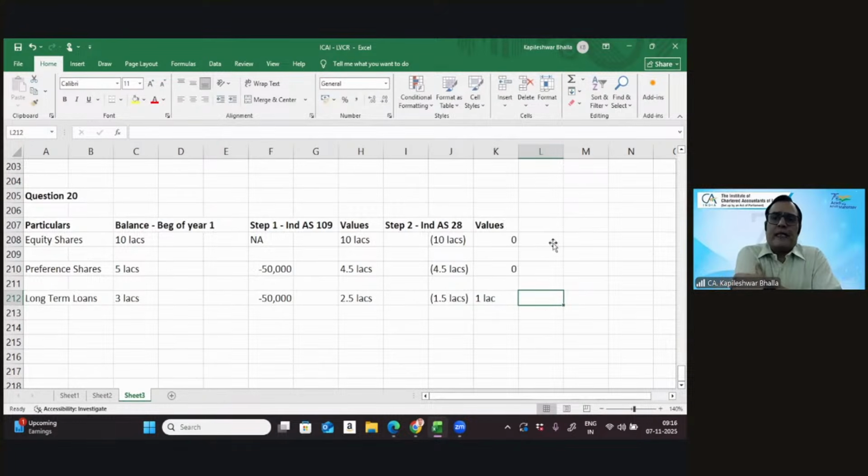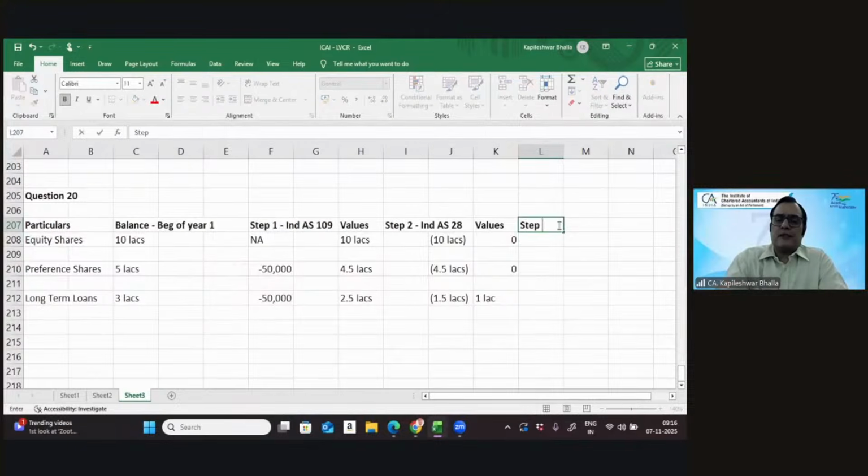Okay, so once we've done this, I would say there is a need to go for a step number 3. Simple 3-step model. First, you apply Ind AS 109, get the values. Then you apply Ind AS 28, get the values. Then in step number 3, what you need to see is, is there any unabsorbed loss in this case?